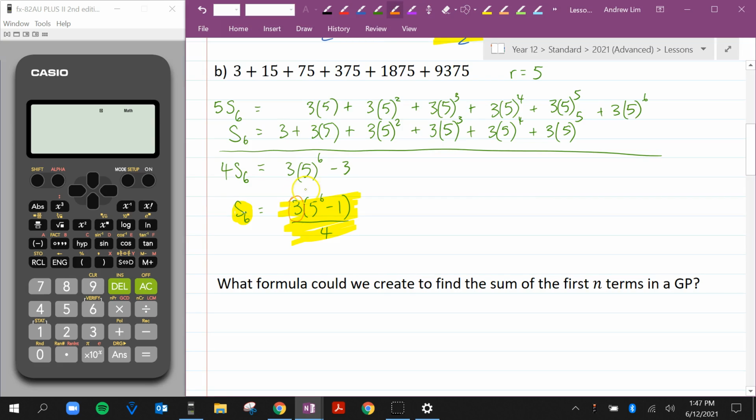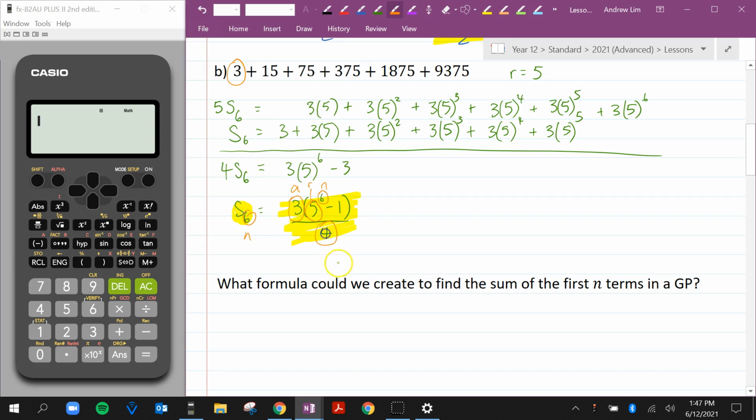That represents the first term. We can see that the first term is 3. What does this 6 represent? Well, that represents how many terms there are, same as this one. What does this 5 represent? Well, that's the common ratio.